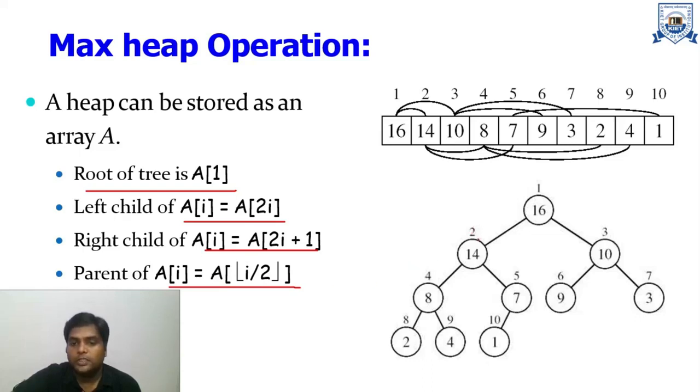So 2 by 2 is what? 2 by 2 is 1, and floor of 1 is again 1. So what is the parent of a2? The parent of a2 is a1, that is 16. Okay, so in this way we can easily find out the left child, right child as well as the parent of a particular node.